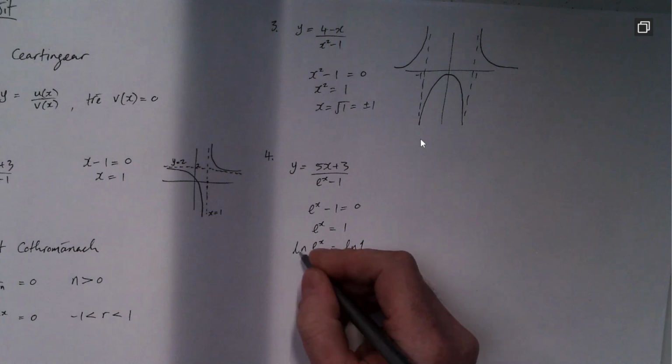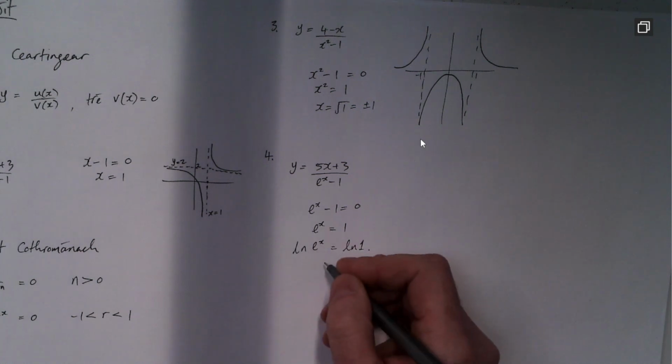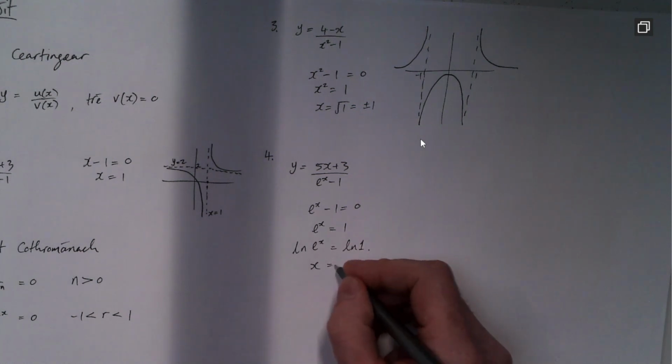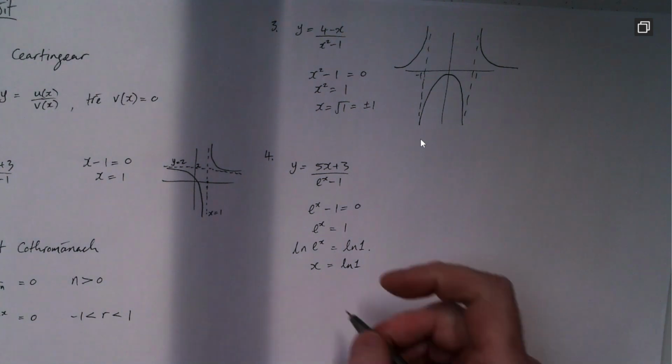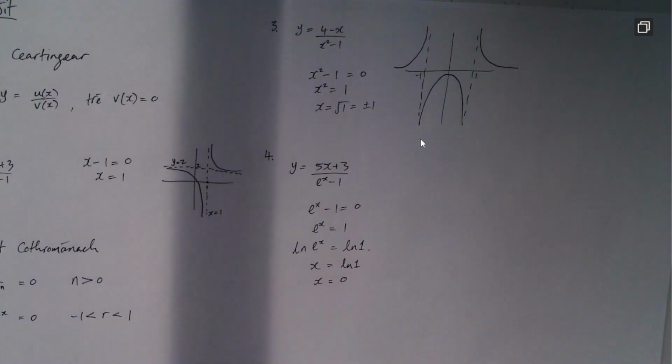So ln of e to the x is x. So x equals ln of 1. Natural log of 1 is 0. Okay, so x equals 0. So the asymptote is x equals 0.